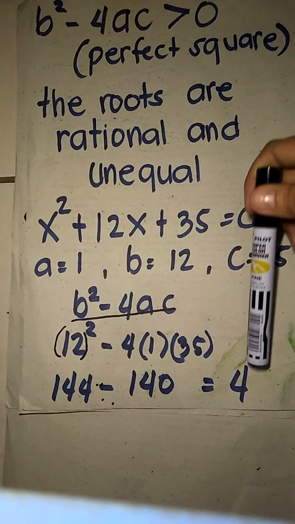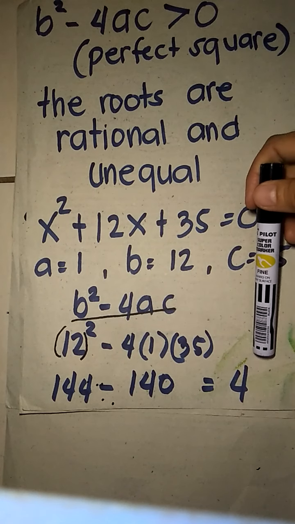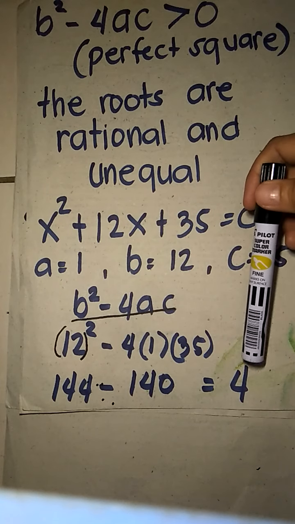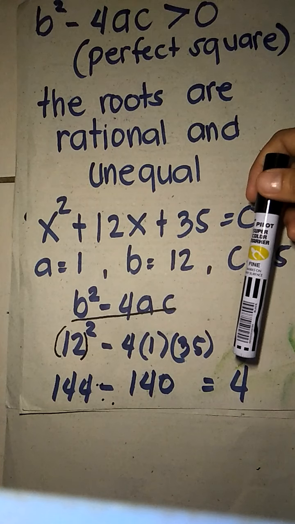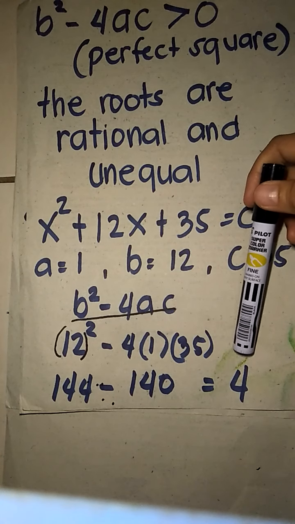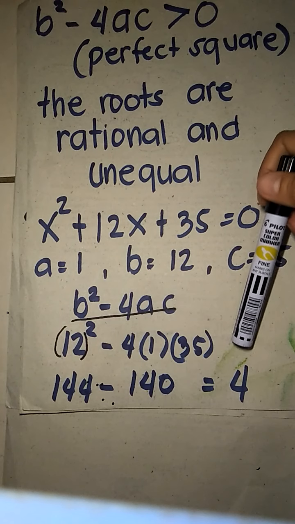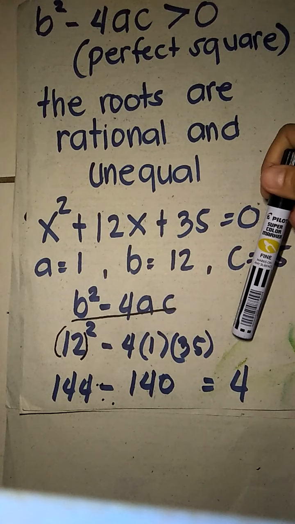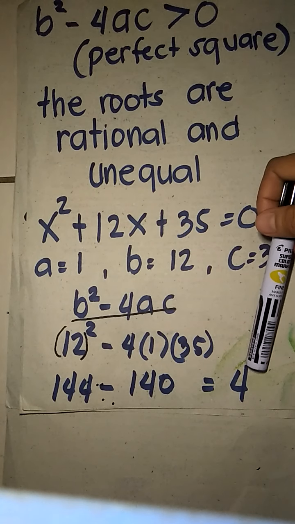Okay. So 4, isn't 4 a perfect square? So it means that our discriminant is 4. Is it greater than 0, less than 0, or equal to 0? 4 is greater than 0.